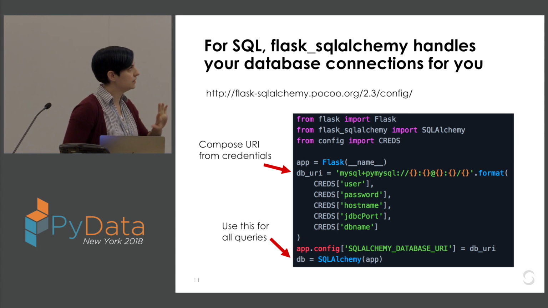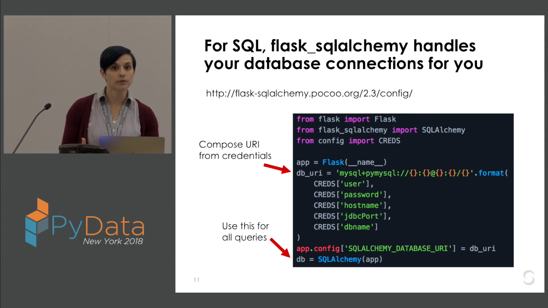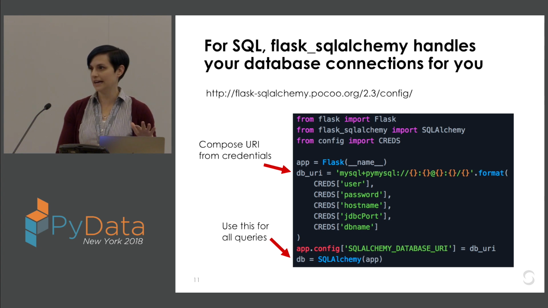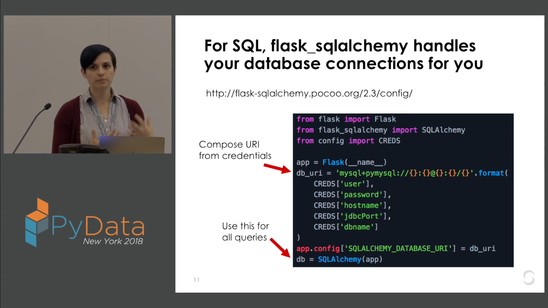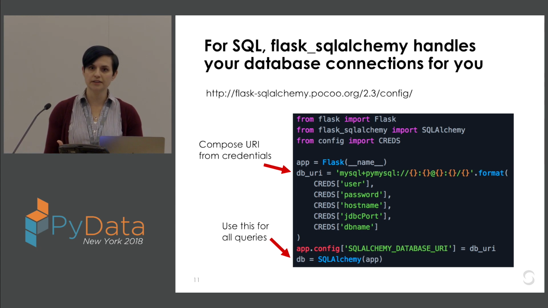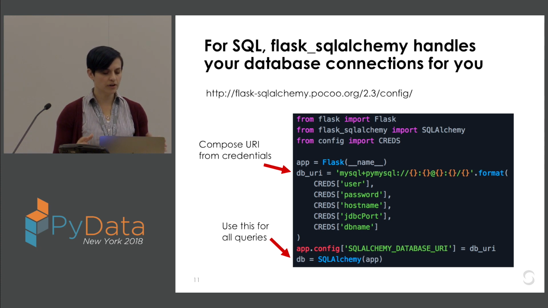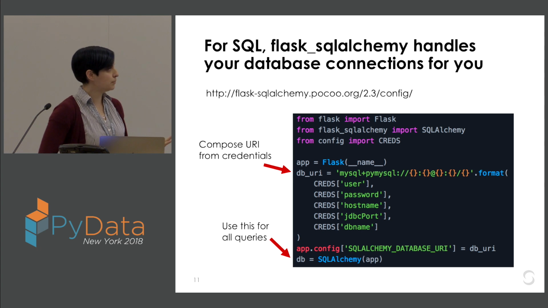So I'm just showing you here an extremely simple way that you would start your app. So this could be the top of my app.py file where I just compose a database URI based on a bunch of credentials that I have in a configuration file. And then I set what's called the SQL Alchemy database URI part of this app config.